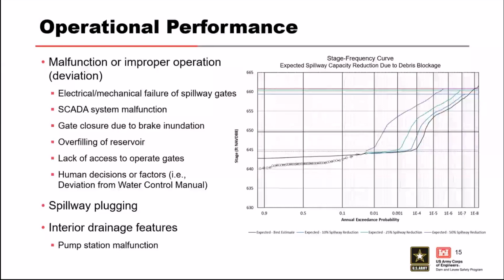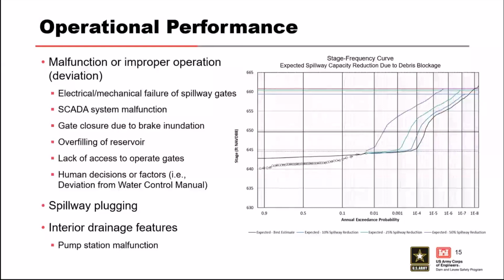The human element can play a large role in improper operation, again, with an example being the Oroville Dam incident in 2017. Another example of operational performance for a dam is spillway plugging, usually due to debris blockage. Debris can become caught in the gate bays and can reduce the spillway capacity, which will result in a higher peak stage or peak pool than what would normally have occurred.